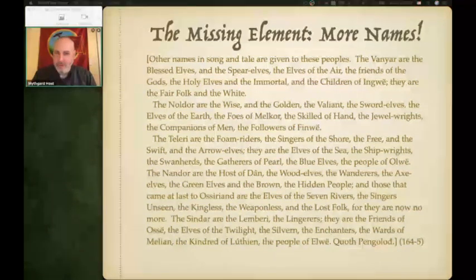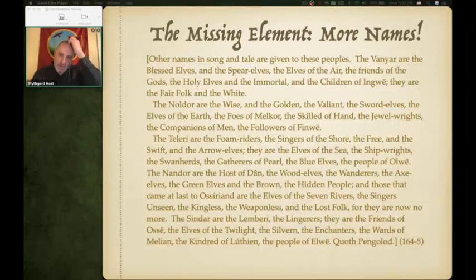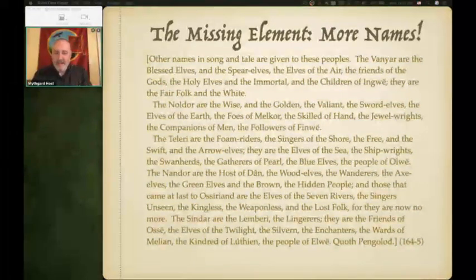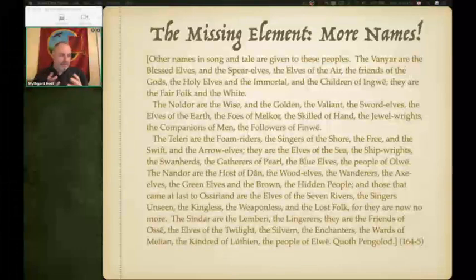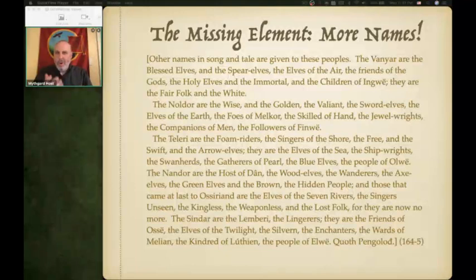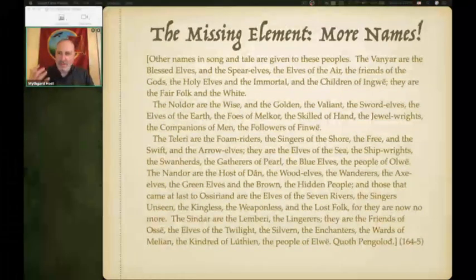What are they about? What are they like, right? The sheer quantity of data that he is giving in this passage is extremely useful, right? All of these points from which we can begin to build and triangulate, right? What is the essence of Vanyar-ness, right? And Noldority. Noldority. Yeah. And Teleritude, right?